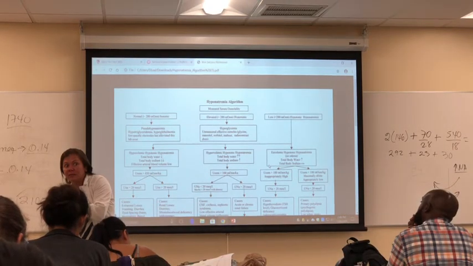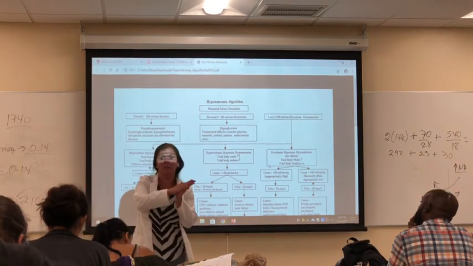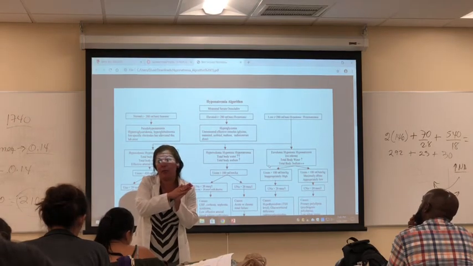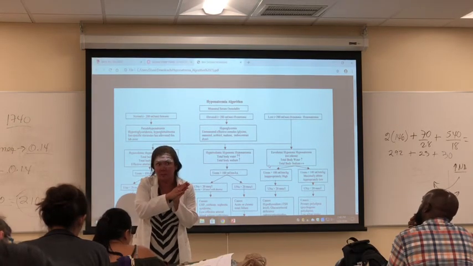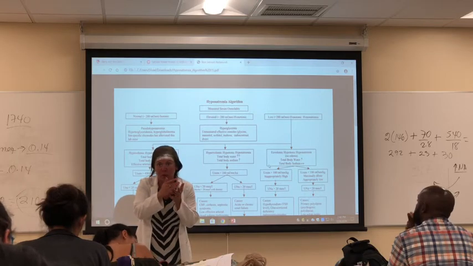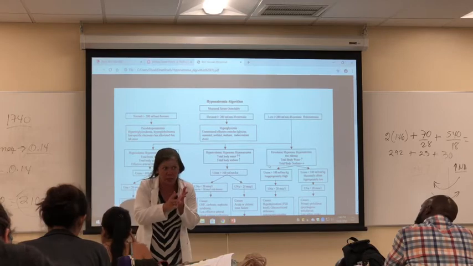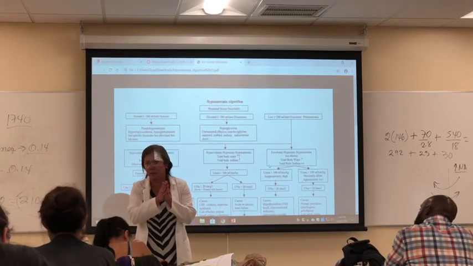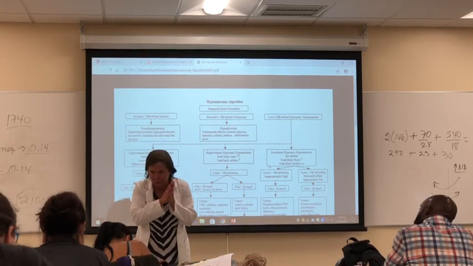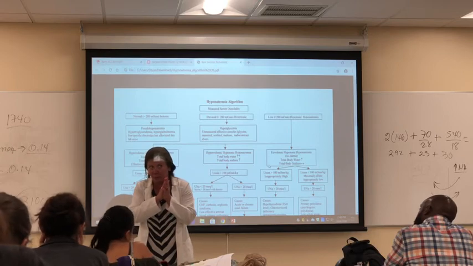Make sense? If I'm losing it, that means that I might be dehydrated. Somehow I'm losing it. Through the feces, through the kidney, through the perspiration, somewhere it's getting lost. So through the skin, through the kidney, through the GI tract. So think organs that can lose sodium, right? Or I'm diluting.